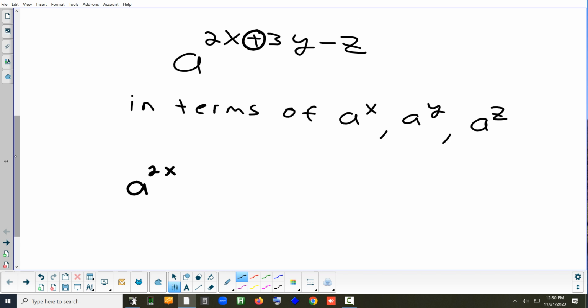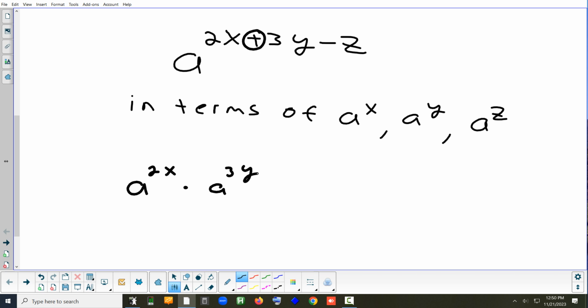Not plus. Times. A to the power of 2x times a to the power of 3. Yep. So yeah, let's just start with that. So if you had that, because you're multiplying things with the same base, you add the exponents.